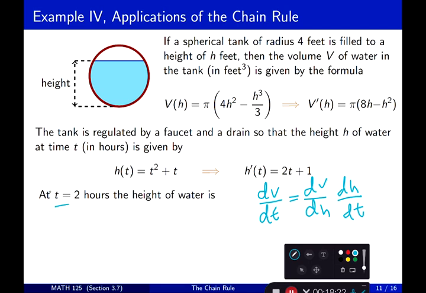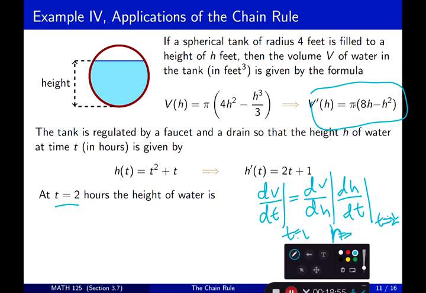If it says t equals 2, I can plug in t equals 2 here, but there's no t for this part. And if you go back in here, there's no t for this part. What you do is you go back and calculate h, because that's what this function takes. dV/dh takes h, and h can be calculated by plugging in 2.